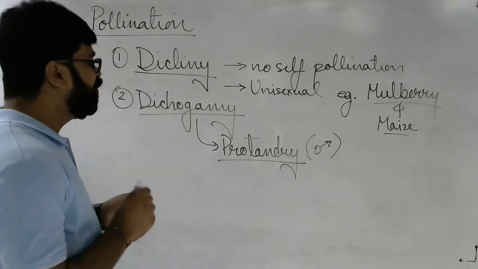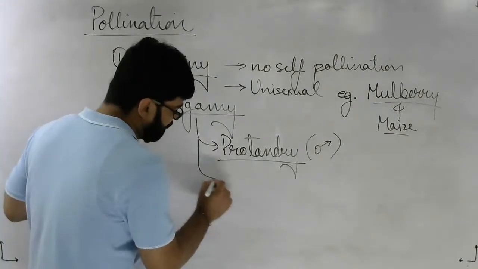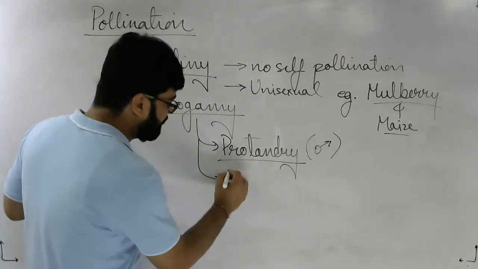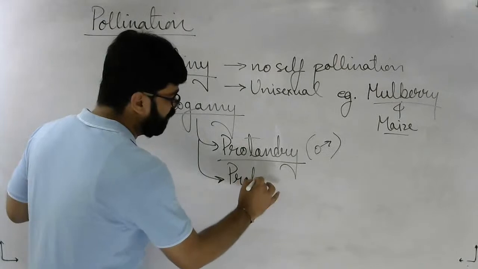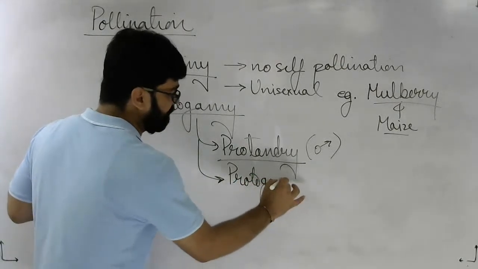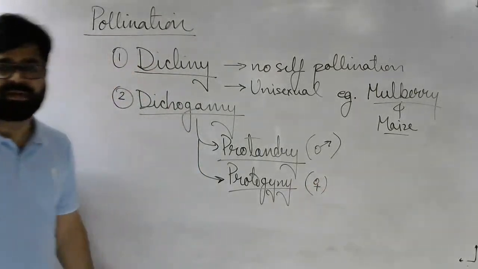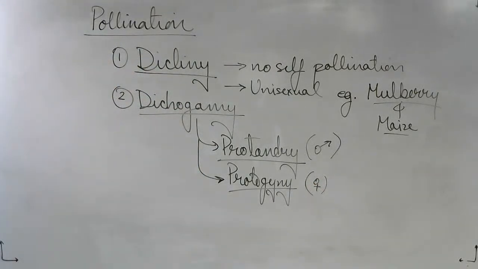Coming to the second, when stigma matures before the anther, that is protogyny. Okay, female part are maturing earlier.